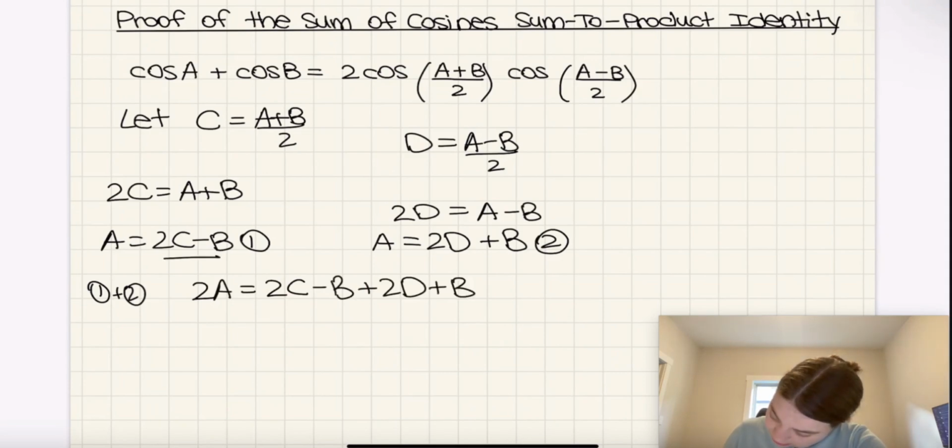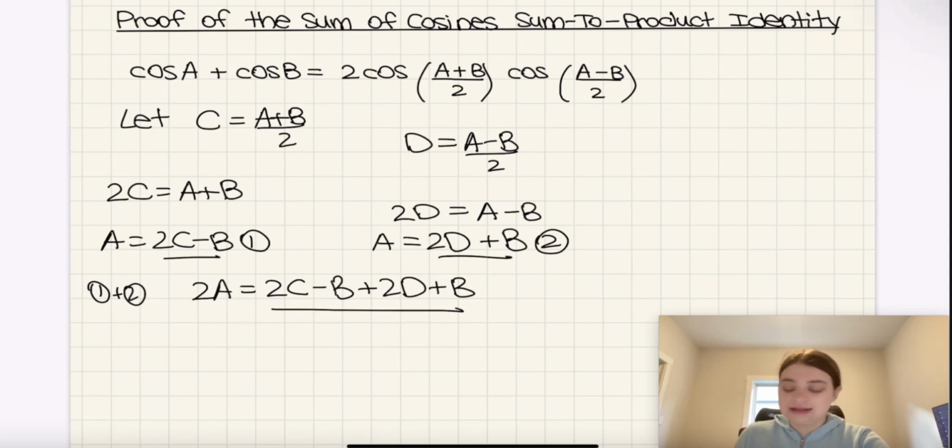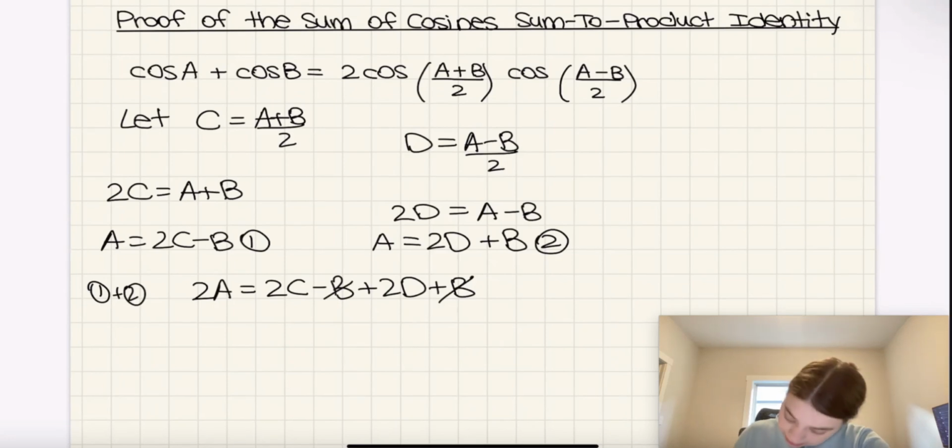Because I just took both these right sides and added them together to get this. And then I'm going to cancel out these B's and divide both sides by 2, and we get that A is equal to C plus D, like that.